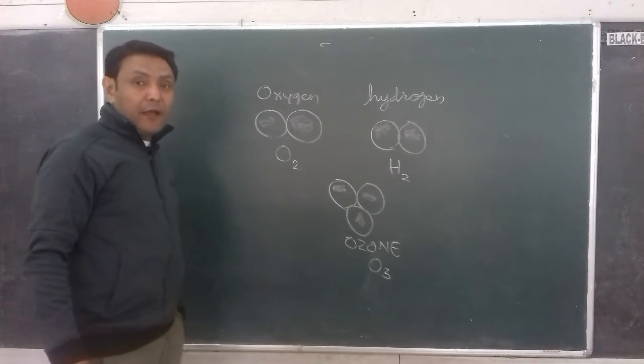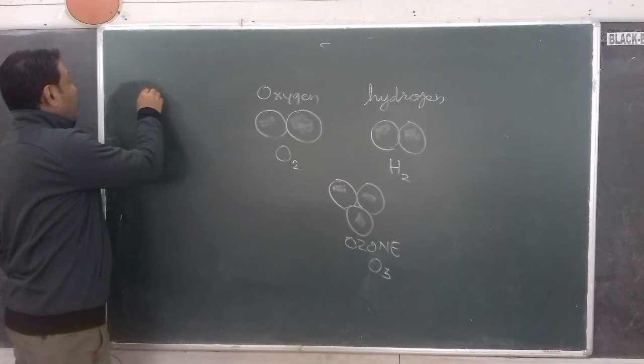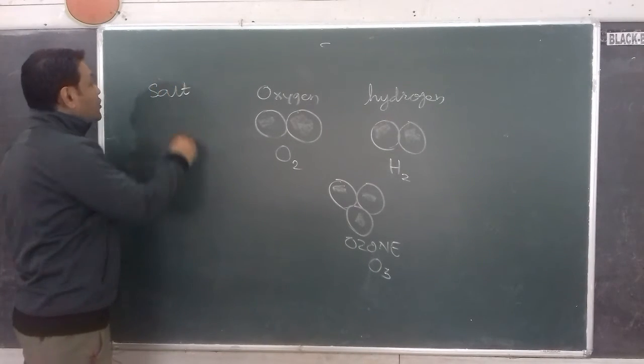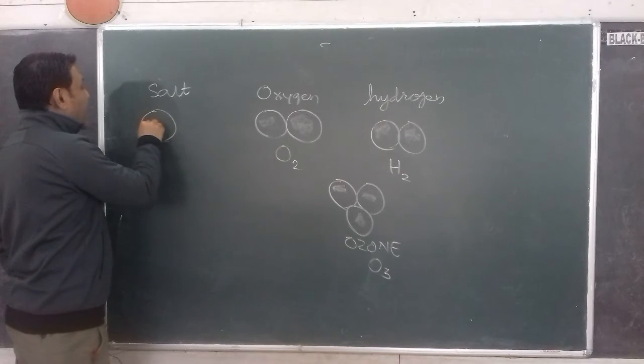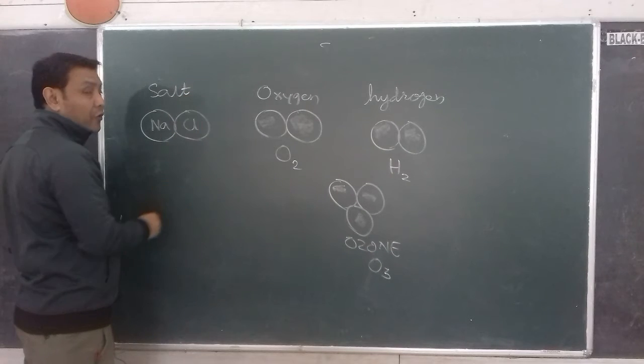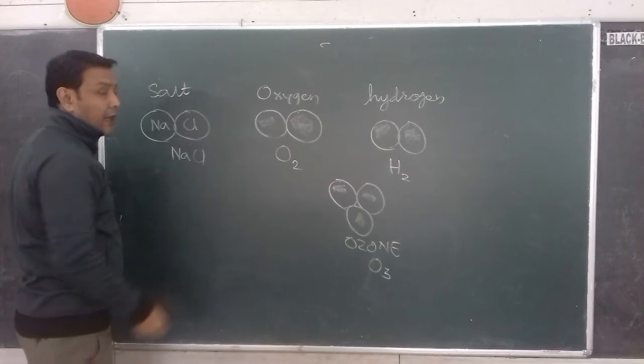Now, when we talk about the molecules of compounds, let's say sodium chloride, common salt. One atom of sodium will combine with 1 atom of chlorine to form NaCl.